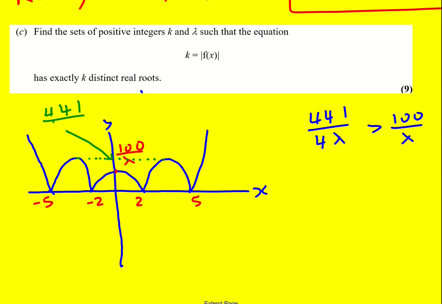Okay, this is going to be quite important, I think, because it definitely impacts the number of roots that we're going to be able to have.